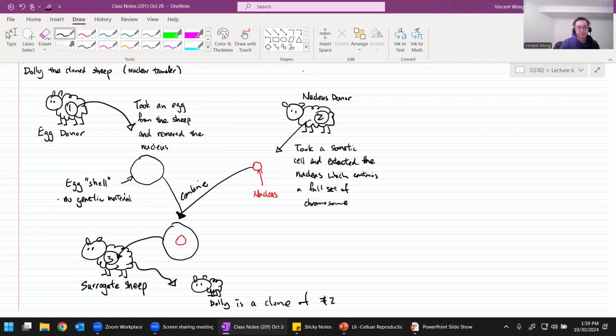Sorry, go ahead. How long did it take to clone Dolly? Oh, you mean from start to finish, to grow a sheep? The actual implantation is very quick, once you figure out how to do it, right? And I don't actually know off the top of my head how long it takes for the baby sheep to grow to full term, but it would be the same amount of time.